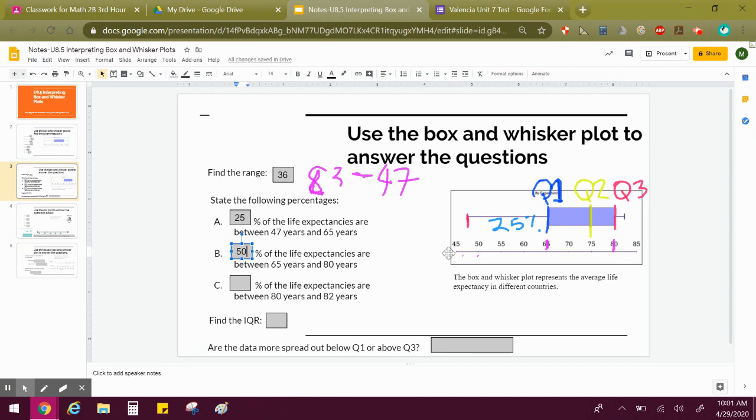Over here, it asks me from 80 to 82, which is this little tiny chunk right here. And that's another quarter. That's my 4th quarter. So that's just another 25. And if you notice, all of these, 47 was the smallest number in my data, and 82 was the biggest number in my data.